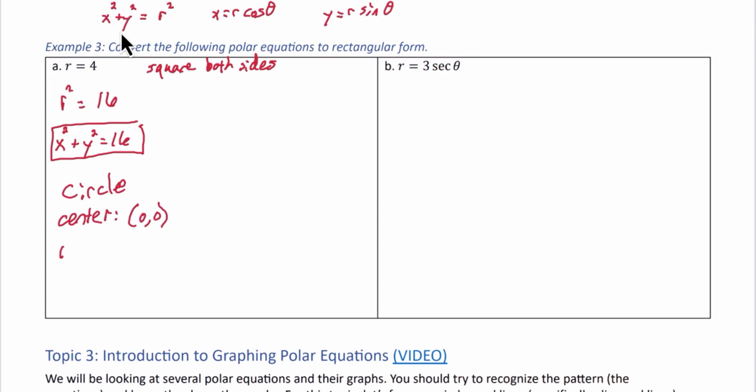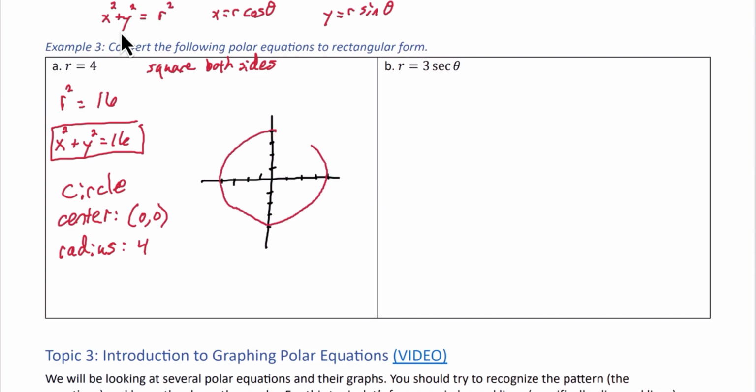And the radius of this circle is the square root of 16, which is 4. So if we wanted to sketch this, we could. Go 4 in every direction from the center. And it's a semi-decent looking circle. A little wobbly there at the bottom.